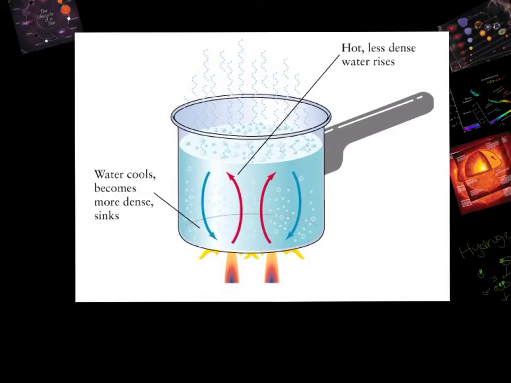Convection is very, very basic. It is simply hot warming up cold. So we've got a hot source, we've got a cold reservoir, and it's just warming up that reservoir. Heat in physics basically always moves from hot to cold.